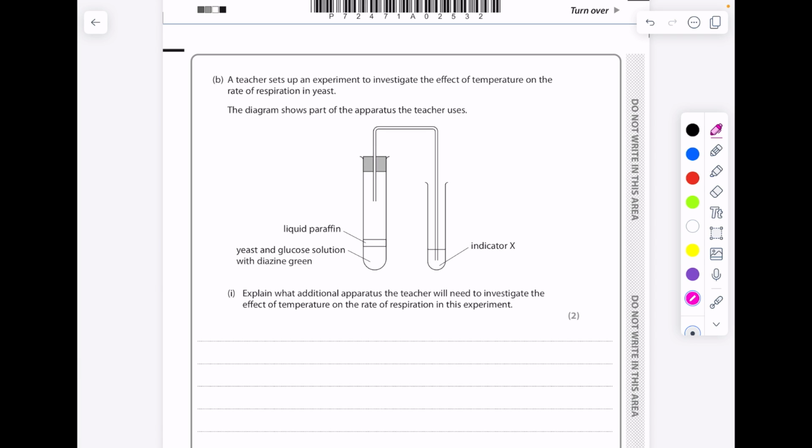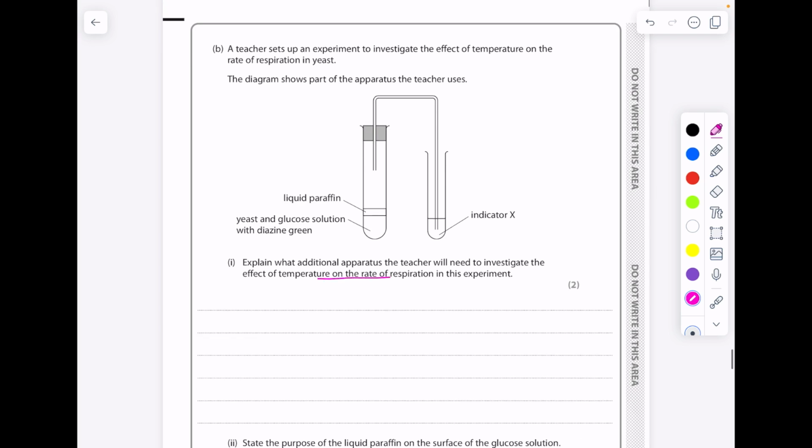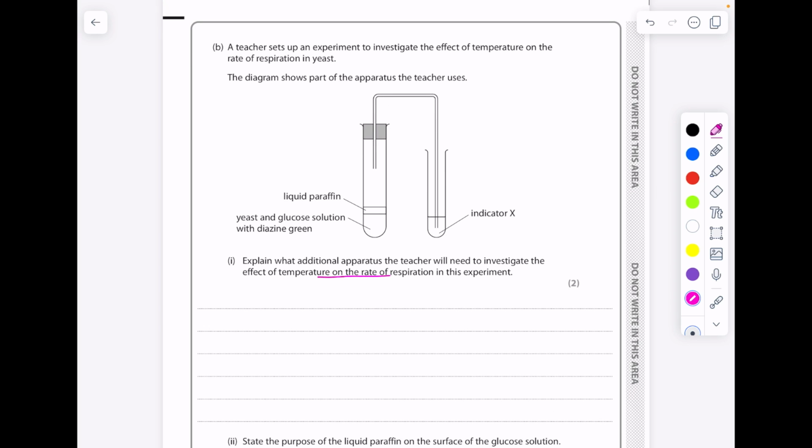A teacher sets up an experiment to investigate the effect of temperature on the rate of respiration in yeast. The diagram shows part of the apparatus the teacher uses. Explain what additional apparatus the teacher will need to investigate the effect of temperature on the rate of respiration. Okay, well, we need a way of measuring the temperature, so we need a thermometer.